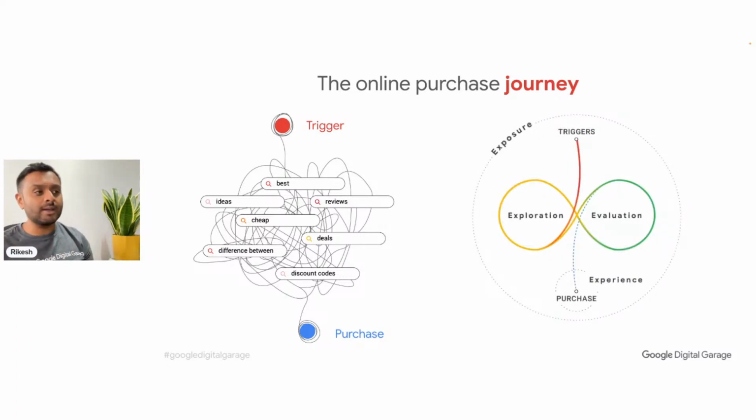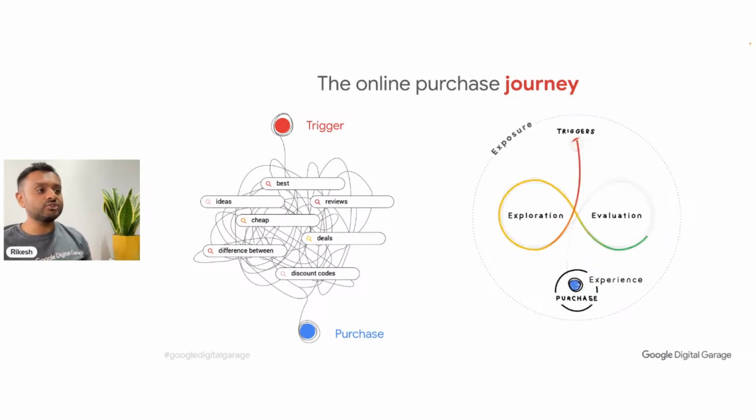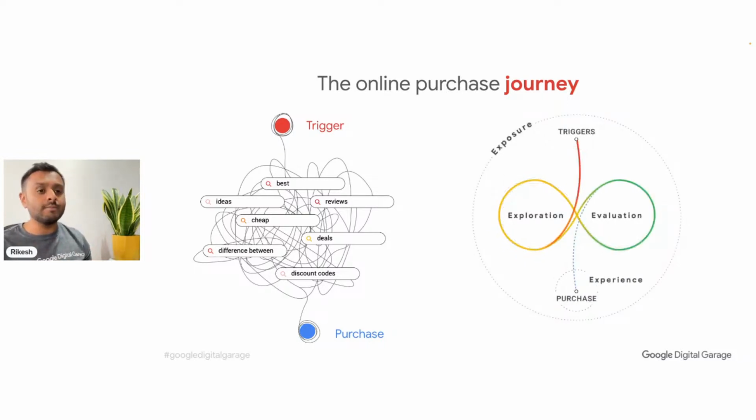But we've condensed and consolidated this messy middle area into two words, which is exploration. Exploration is where you do your research, you find out which are the best kettles on the market within my specific budget range as well.